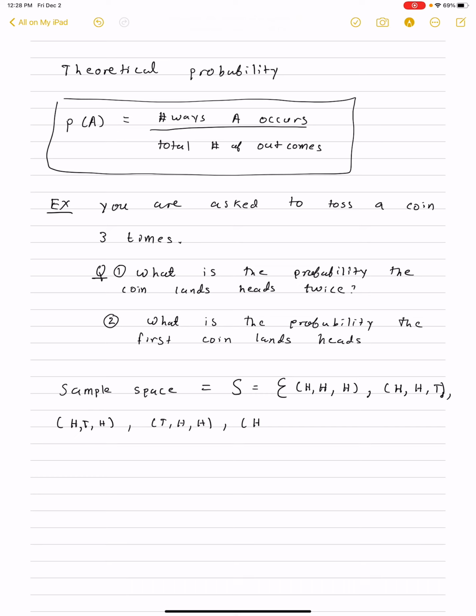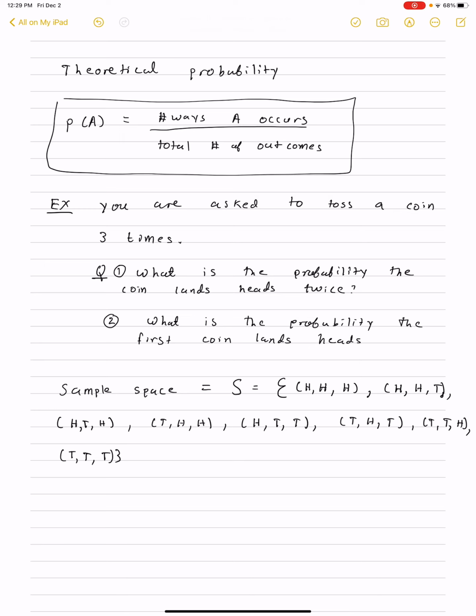And now we're going to get to 2 tails, so it'll look like this. And finally, the last outcome is all tails. Now this is the sample space.